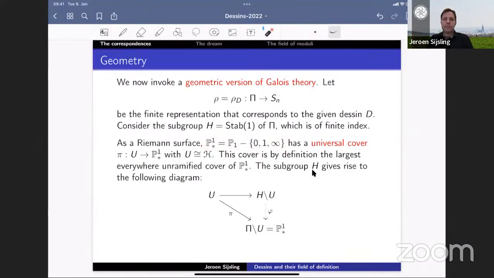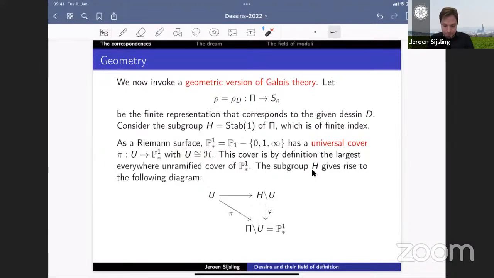Every time you have a Riemann surface, also with finitely many points removed, you can construct its universal cover, which we call U, with a projection morphism pi. And in fact, it turns out, although we won't quite need it in much detail, that this universal cover U is just the upper half plane H, the complex upper half plane. Or if you like that better, you can also see it as the Poincaré disk.